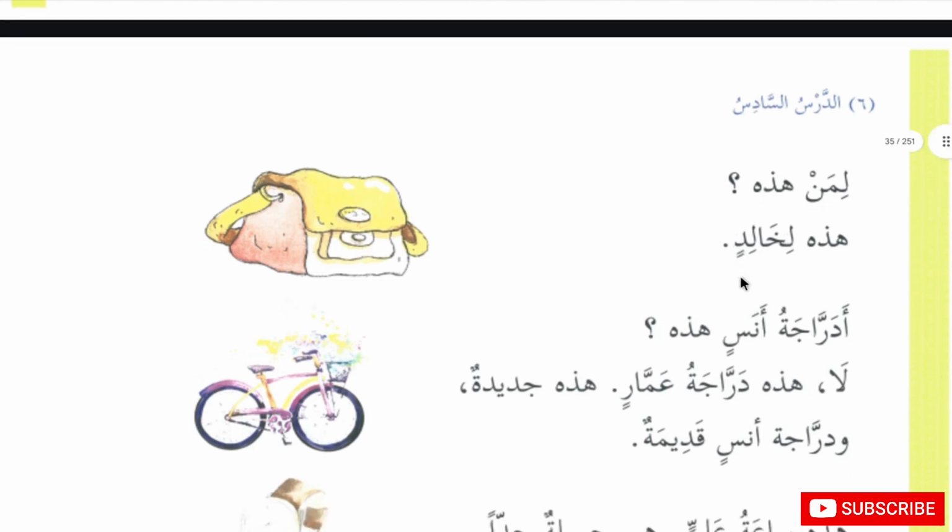So liman hadihi, for who is this? Meaning whose is this? Hadihi li Khalid. Now this li here, it means for, so it shows possession basically. So هذه لخالد, this is for Khalid, meaning this belongs to Khalid.